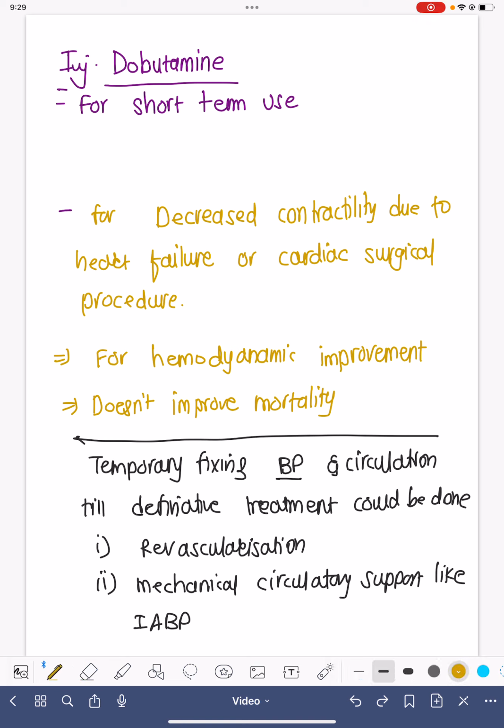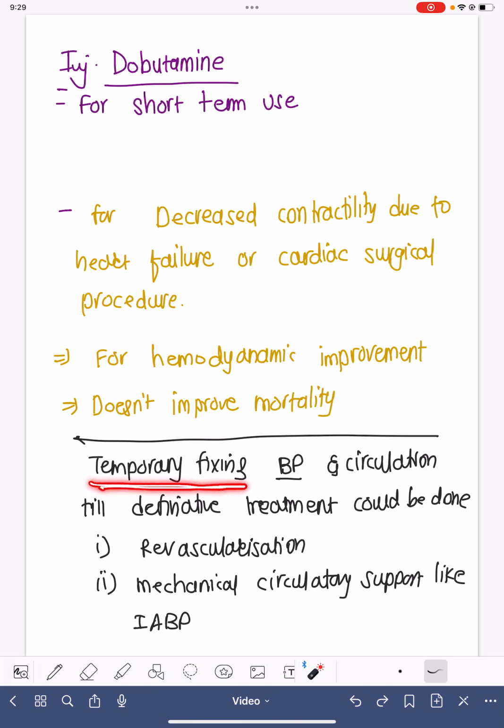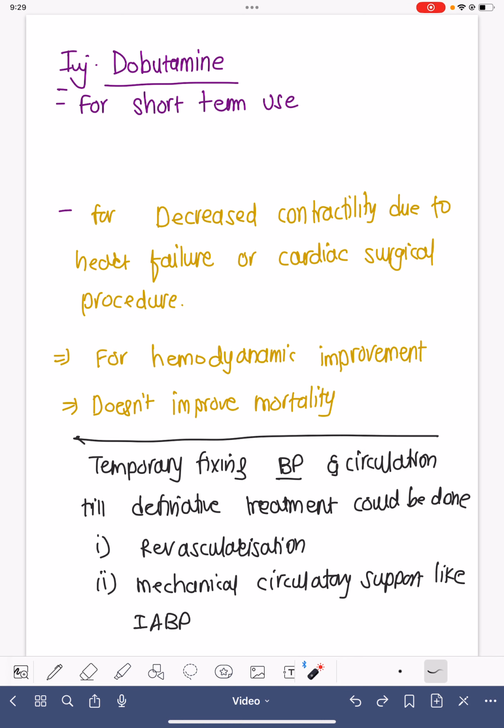Now, it is purely for hemodynamic improvement, and actually, it does not improve mortality of the patient at all. So, it is simply a temporary fix for blood pressure as well as circulation. Blood pressure means hemodynamic improvement, and circulation means increasing the cardiac output so that other systems like kidney, heart, brain, and others can be sustained for a few hours, a few days, till the definitive treatment could be done.